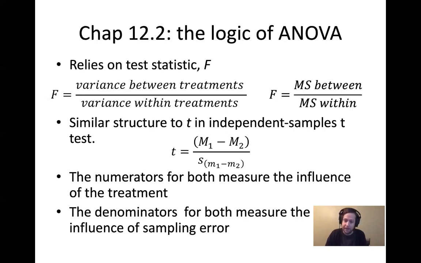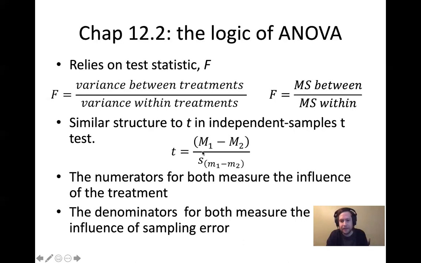The denominator, on the other hand, measures the sampling error. Because sampling error is kind of a complicated term, basically the denominator measures the amount of variability in each condition on average. In the t-test, we have 2 conditions, and the standard error, which, remember, is the standard deviation divided by the square root of n.